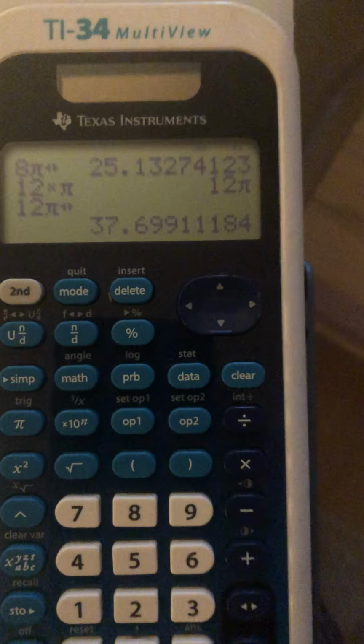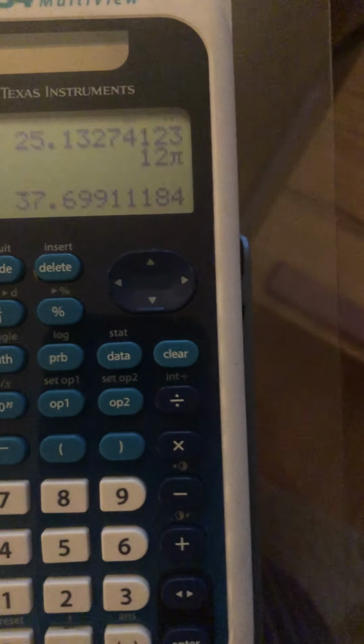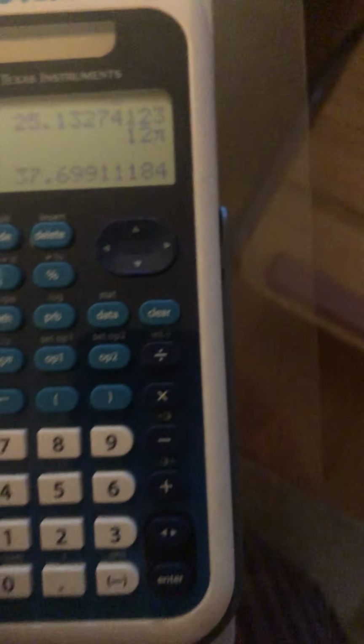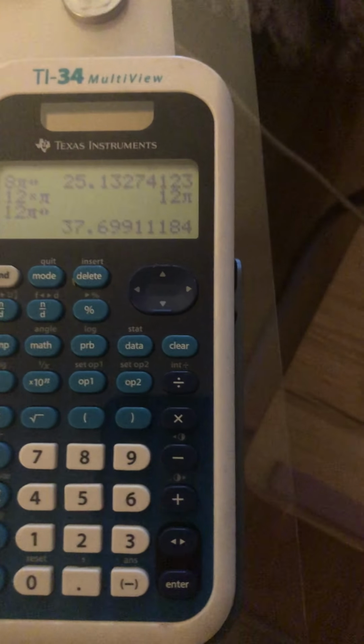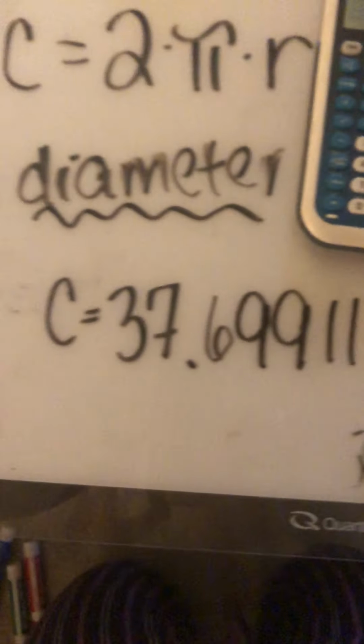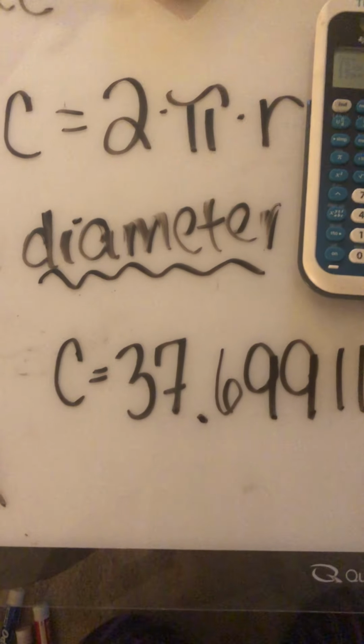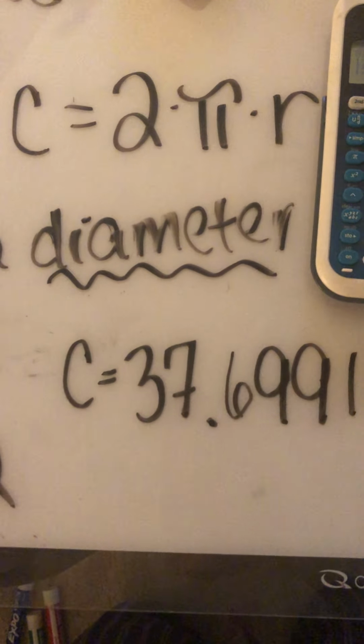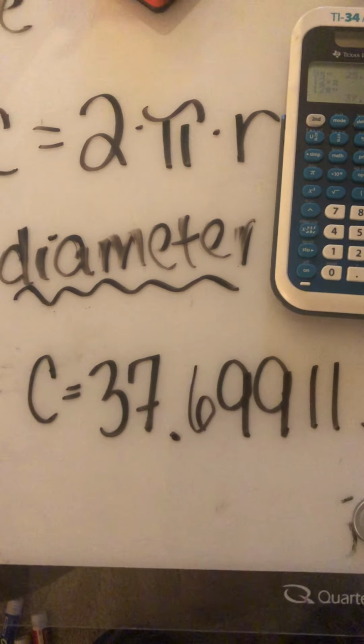And we get, oh, this is a good answer to discuss. So we get C equals 37 point 69911, and so on, right? Okay. So if they asked us to round again, we would say, let's round to the tenth place again.